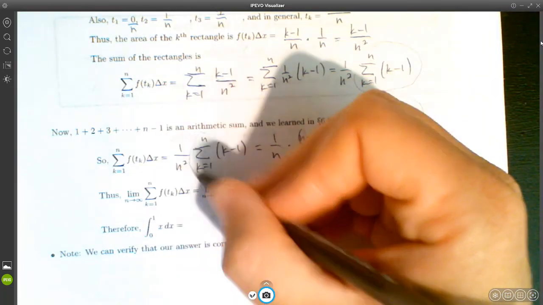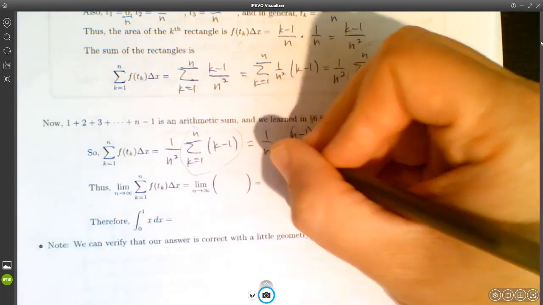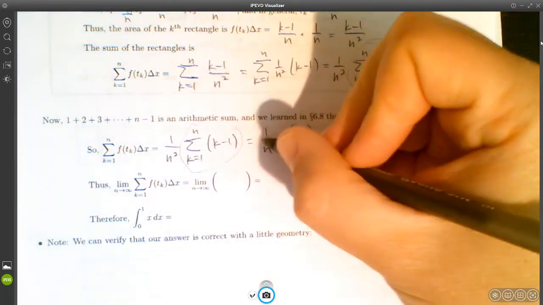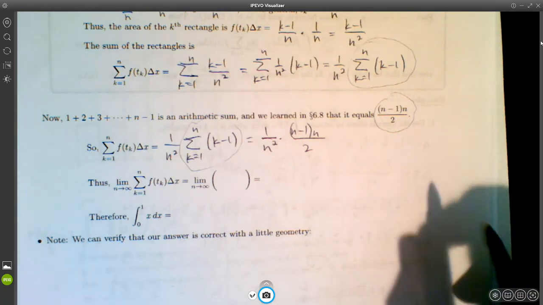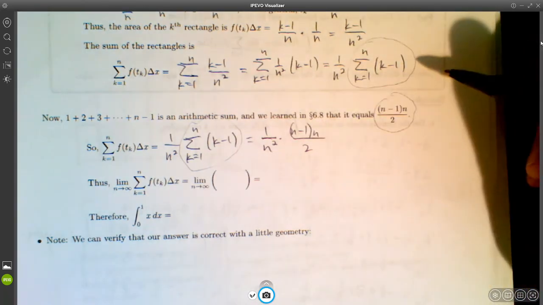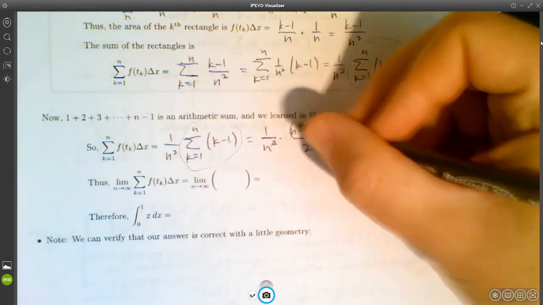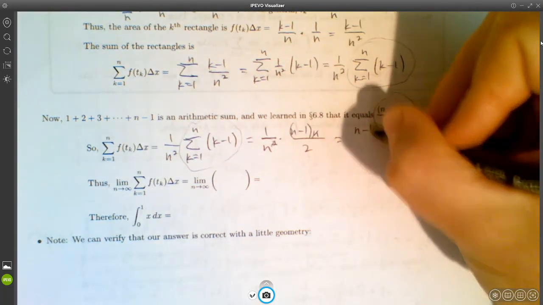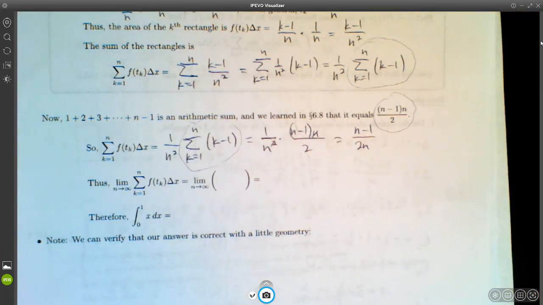This sum gets replaced with this formula, so you get 1 over n squared times n times n minus 1 over 2. Now we can cancel off an n. We get n minus 1 times 1 over n times 2, which is 2n.